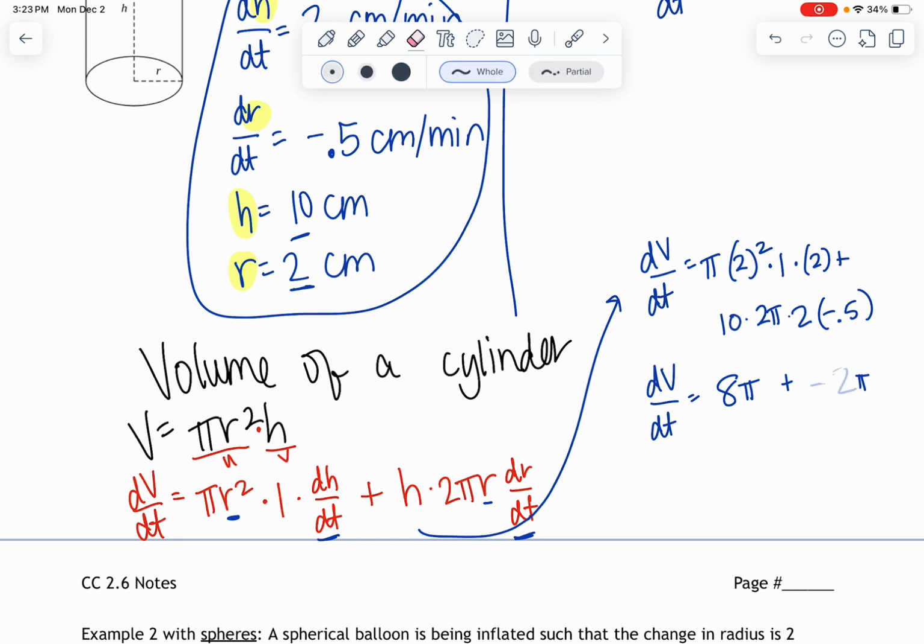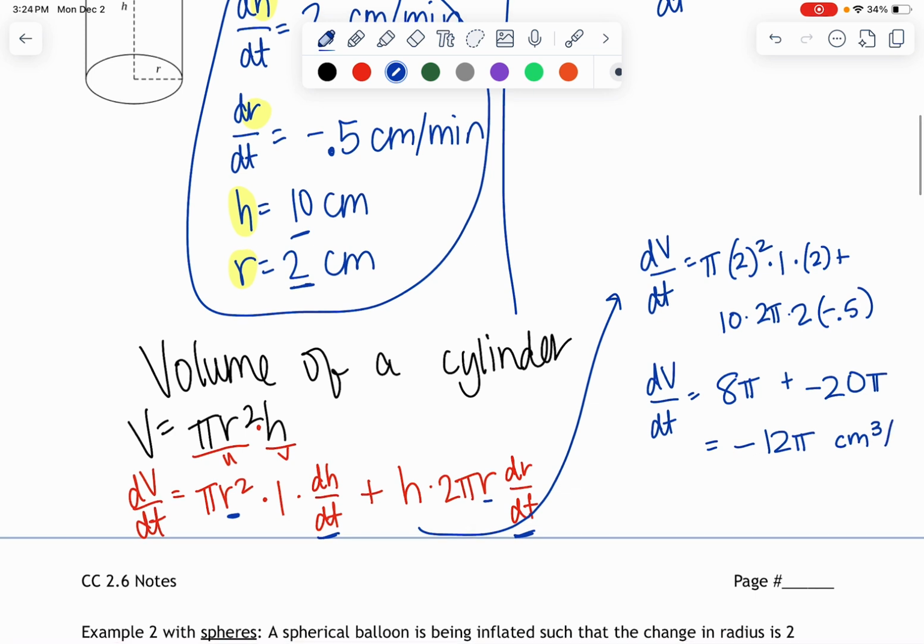All right, so I'll go back. 10 times 2 is 20, times 2 is 40, times negative half would be negative 20 pi. So 8 pi minus 20 pi would be negative 12 pi. And because this is a volume and it's changing, I would say it is centimeters cubed, cubic because volume is 3-dimensional, and per minute because all of my other rates were per minute. So this would be my final answer.